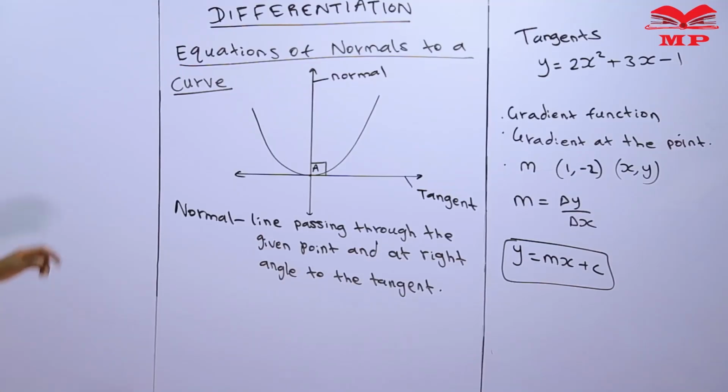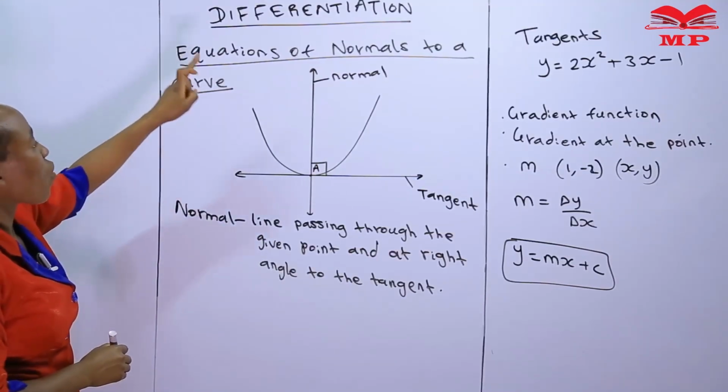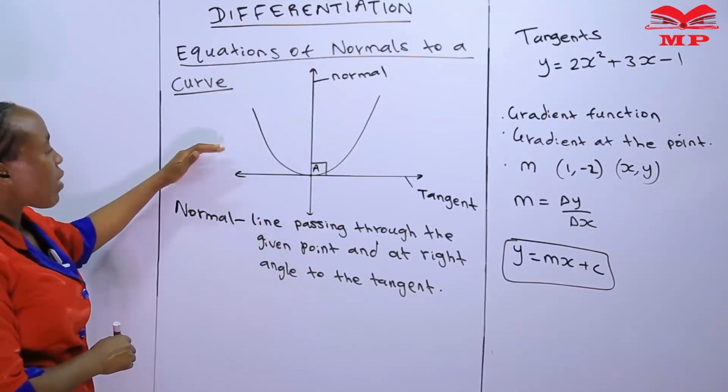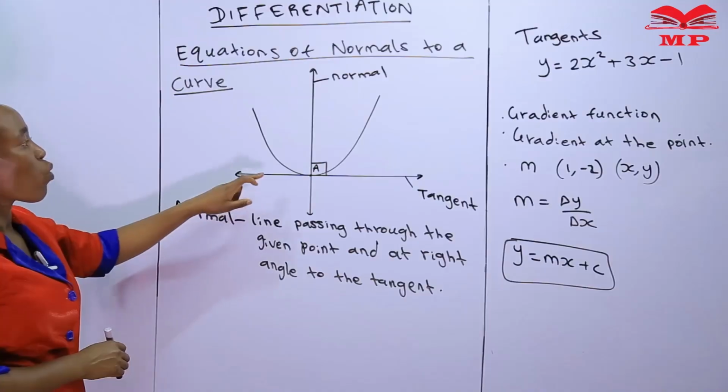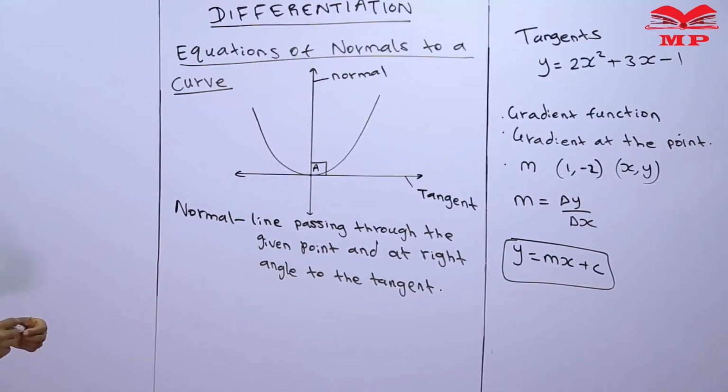So in our lesson today, we want to know how we find the equation of the normal to a curve, when we have been given the curve and we are told to find the equation of the normal. Just before we do examples, I'd like to remind you what you covered in the equations of a straight line.